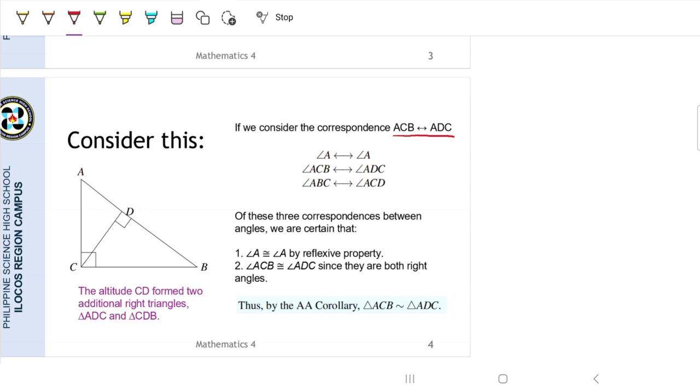With this correspondence between these pairs of angles, we can say that angle A is congruent to angle A by the reflexive property. Angle ACB is also congruent to angle ADC because based on the figure, they are both 90 degrees or right angles. So therefore, since two pairs of corresponding angles are congruent, then by the AA corollary, we can say that these two triangles are similar.